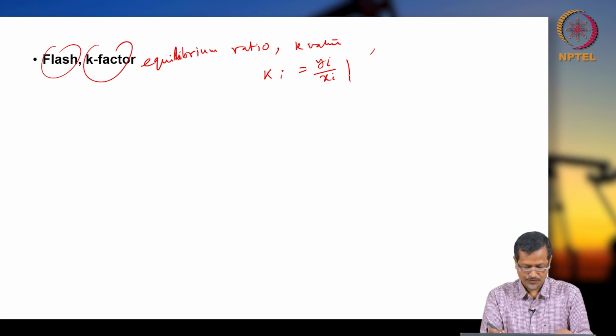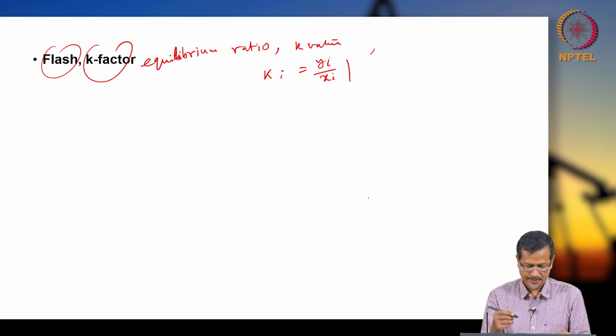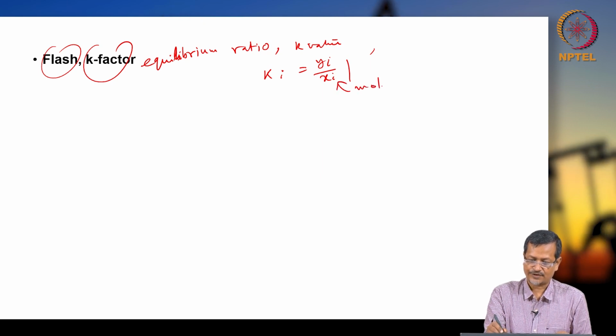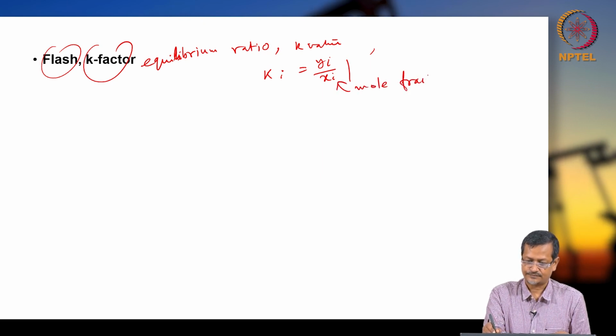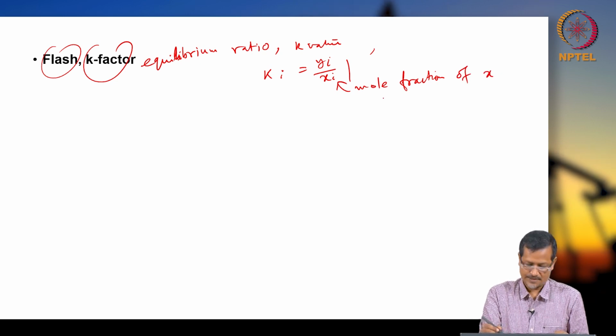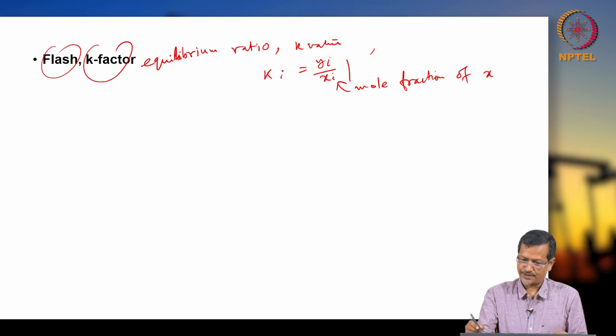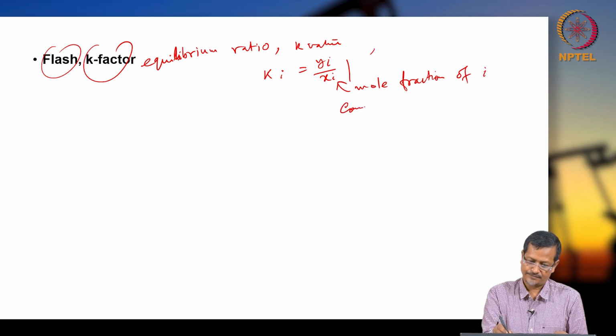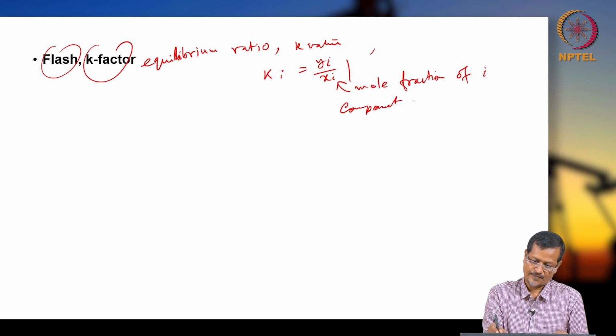Xi is the mole fraction of component i in the liquid phase, and Yi is the mole fraction of component i in the gas phase of the mixture.